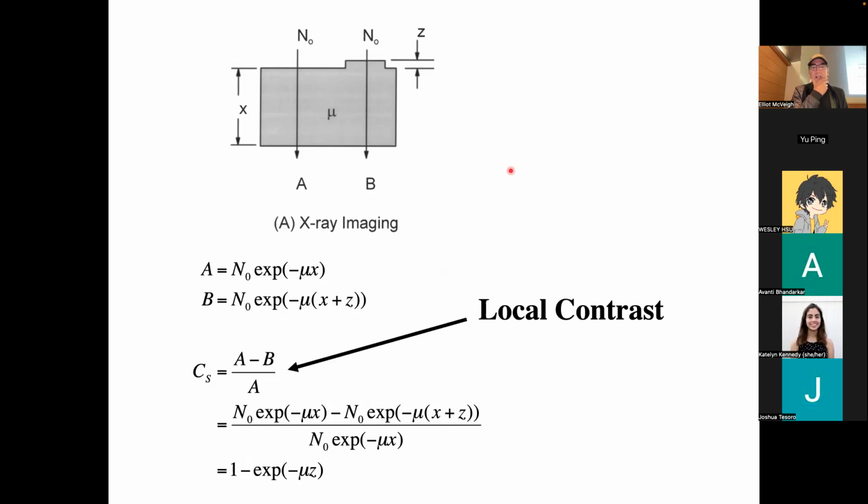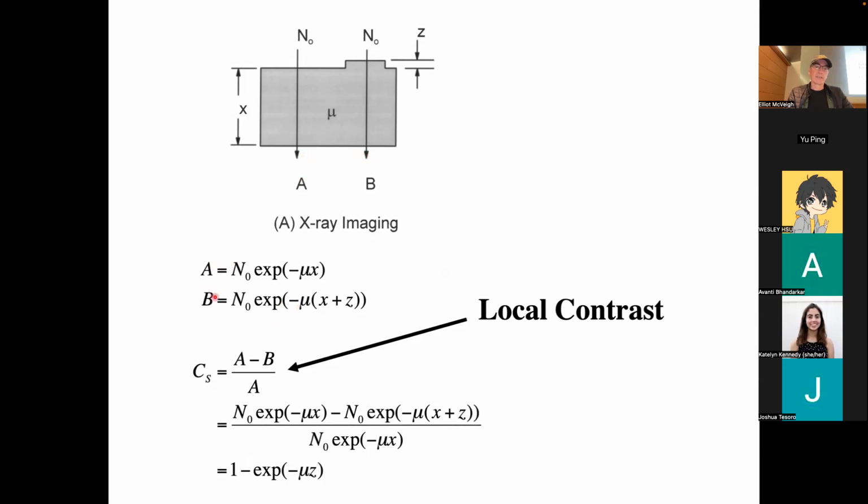In X-ray imaging, because the intensity is proportional to this equation, it makes sense to do a local contrast measurement where I get some signal A and some signal B, and ask what the difference between these two signals is. We could do it that straight up way, but another way is to take A minus B divided by your original A, and ask what the relative change is in the number of photons that hit over here versus here.